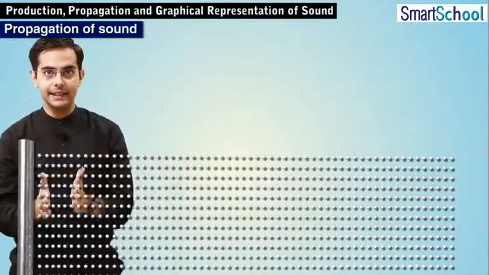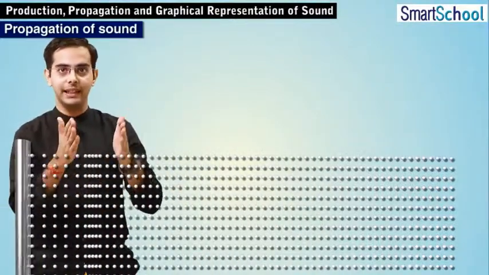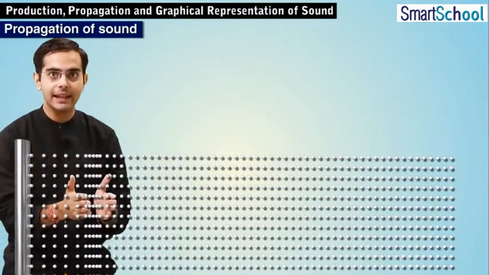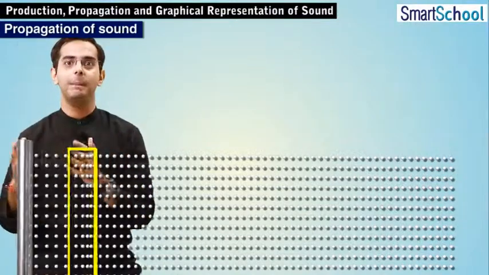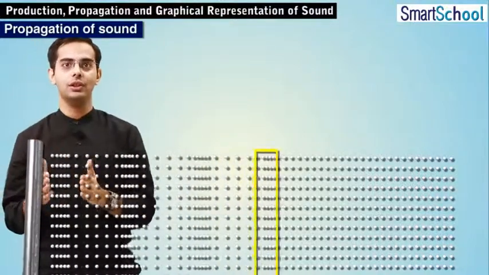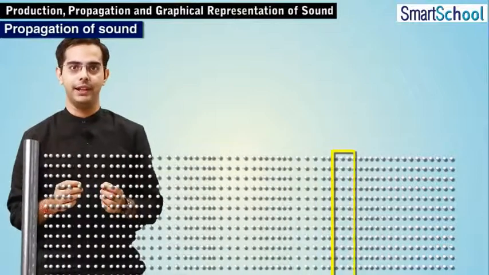Consequently, the air particles present in the high pressure region will hit the neighboring particles and compress the air again, and in this way the compression moves forward, followed by rarefaction away from the vibrating object.